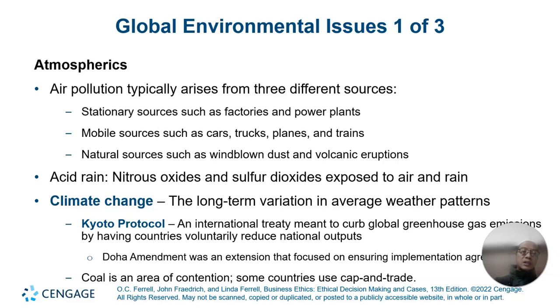So coal is an area of contention, and some countries use cap and trade. Cap and trade is a concept where an industry or company that needs to engage in more activities that produce greenhouse gas emissions will purchase the allowance given to other industries that, because of their nature, are producing less greenhouse gas. One industry is producing less, another is producing more, but as a whole, every industry is given a cap, a limit on how much greenhouse gas emission they can make.